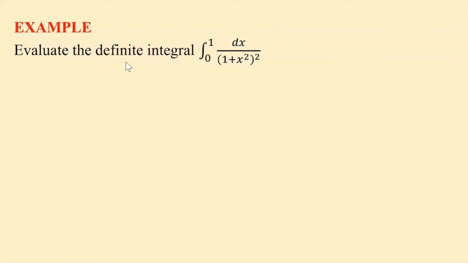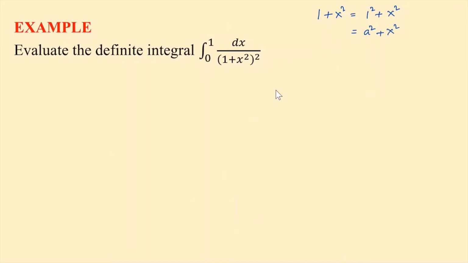Example: evaluate the definite integral from 0 to 1 of dx over (1 plus x squared) quantity squared. When we look at this integral carefully, we have the quantity 1 plus x squared in the denominator. So it involves 1 plus x squared, which is the same as 1 squared plus x squared, and it resembles a squared plus x squared.